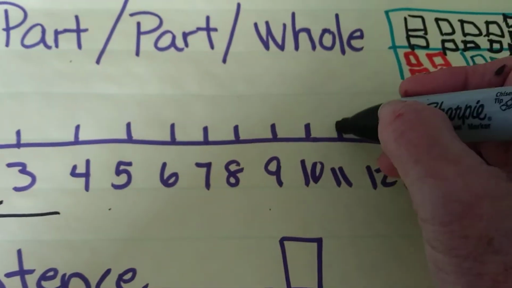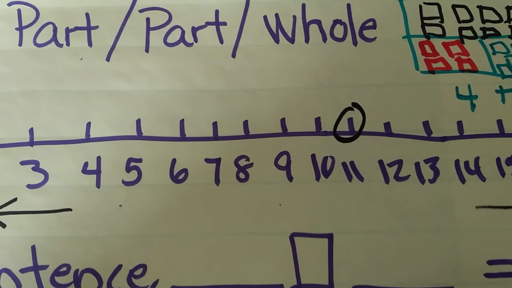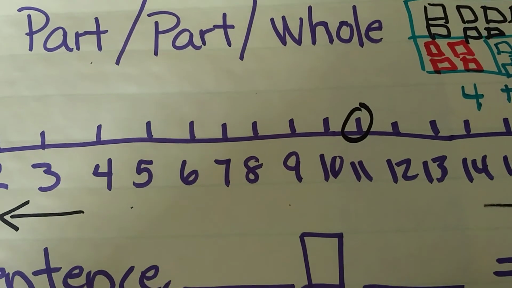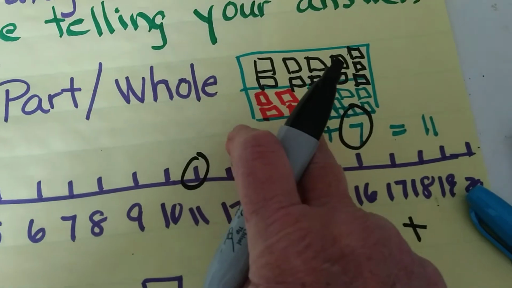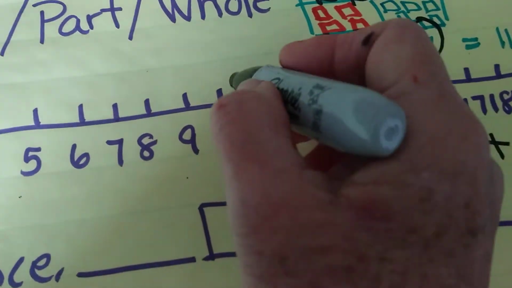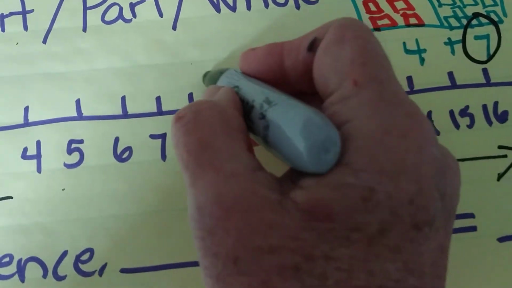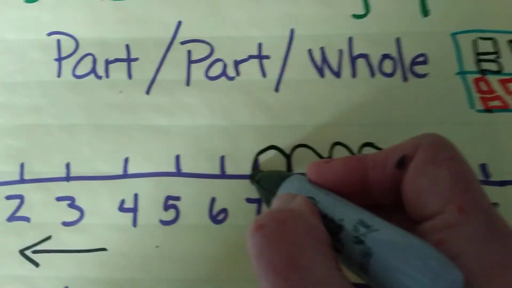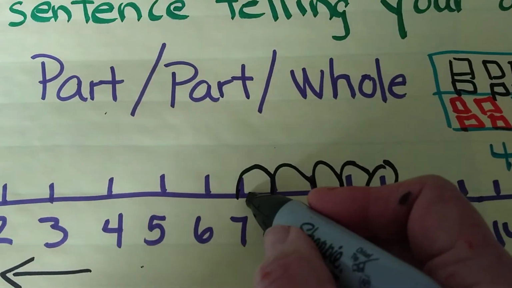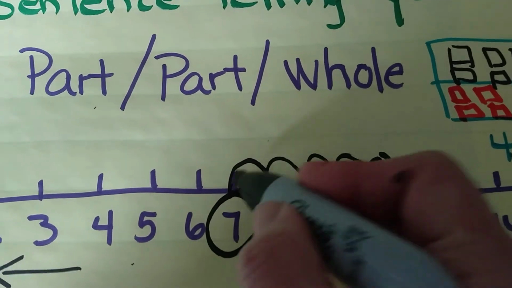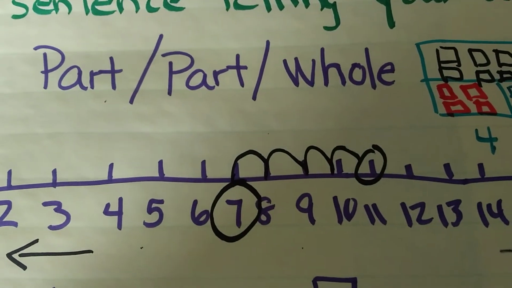We had 11 toys. We know 4 of them are red. So we decided up here we had a part. So let's see, 4 were red. 1, 2, 3, 4 were red. What number did we end up at? That is how many were blue.